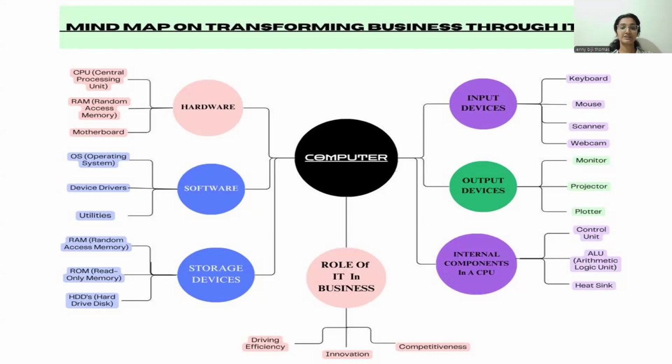Topic 3: Internal components in a CPU. The CPU is often called the brain of the computer. It has the following components. Control unit. It is a vital component of a computer's central processing unit. It acts as a brain's conductor, directing the operations of the processor. Arithmetic logic unit. It is a fundamental digital circuit within the CPU that performs arithmetic and logical operations.